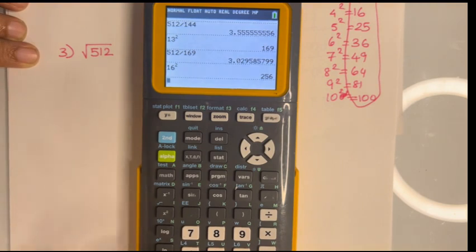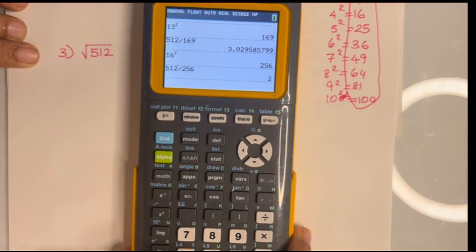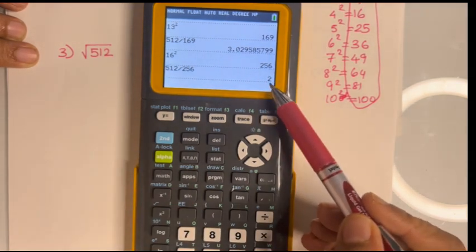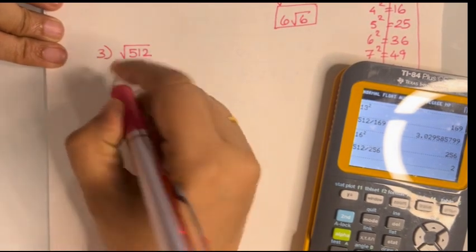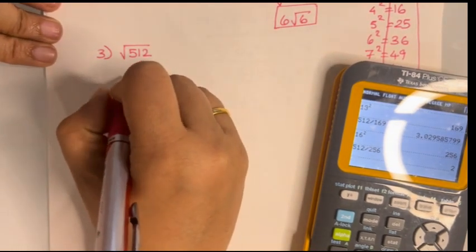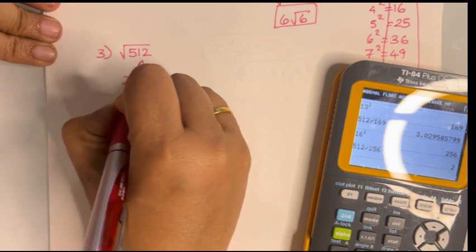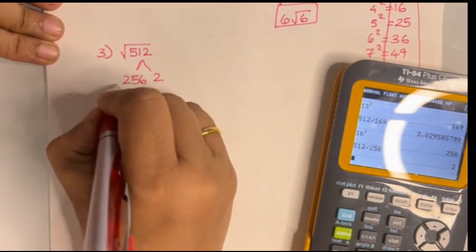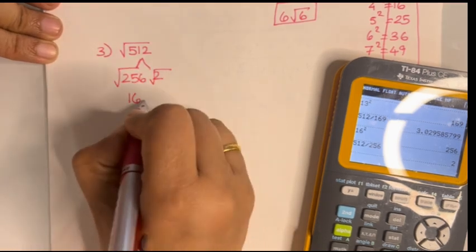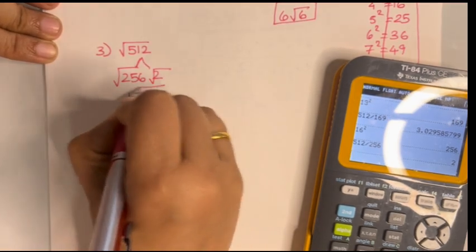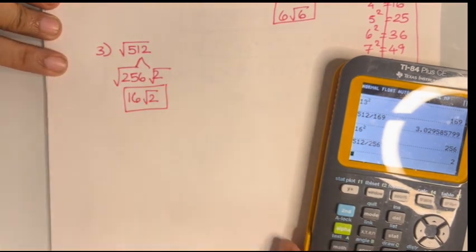Let's see whether 512 is divisible by 256. Yes, it does. So we want the smallest quotient here. We can say 512 is 256 times 2. Square root of 256 is 16. Square root of 2 is not a perfect square. So 16 times square root of 2 is the simplified radical here.